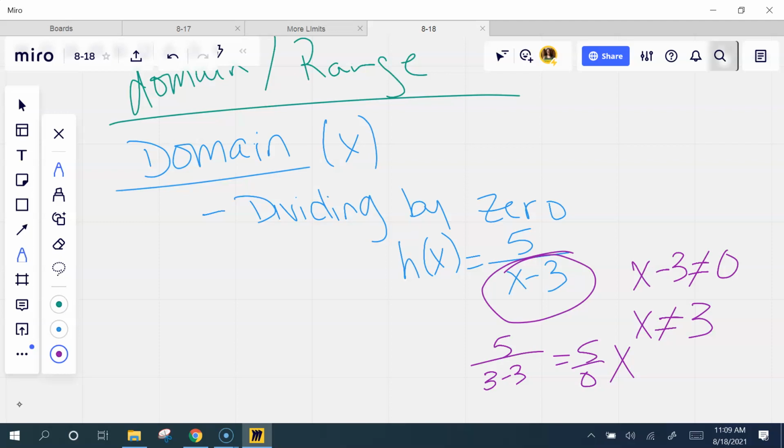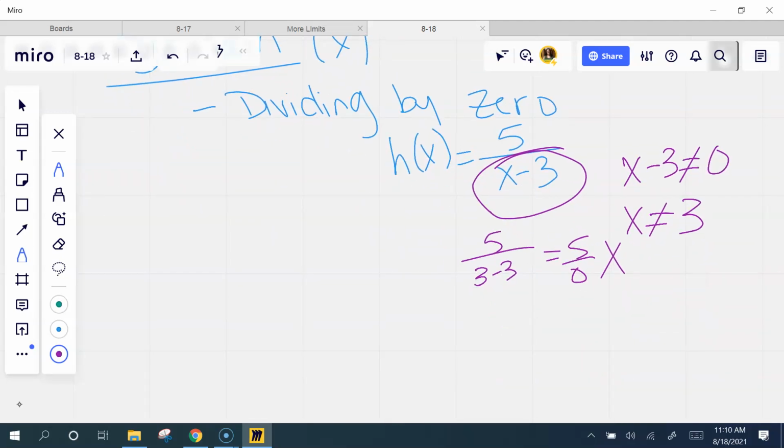So how would we write that? How do we leave a single value out of every number in the whole world? Let's do interval notation. Let's think about it on a number line first. I need everything except for 3. Open circle is the same thing in interval notation as parentheses. So I come from negative infinity up until I hit 3 and stop, but I don't include it.